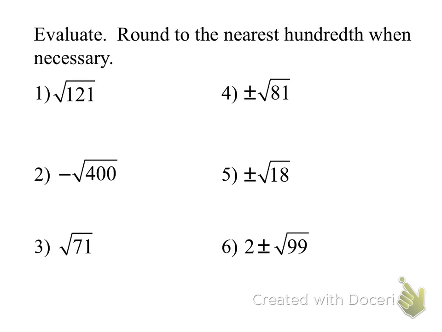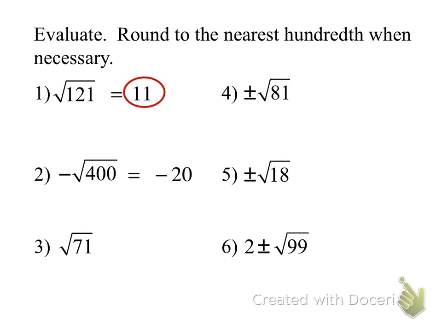All right, so now it says round to the nearest 100th when necessary. So what would number 1 be? Negative 400 is about, or is it exact? Should be exact. You should know this one. Negative 20. Good. Next one, number 3, 71.